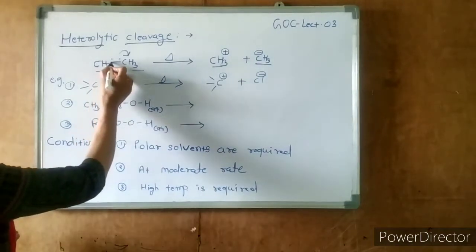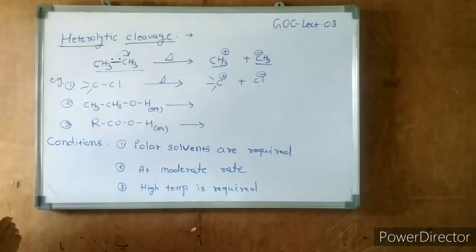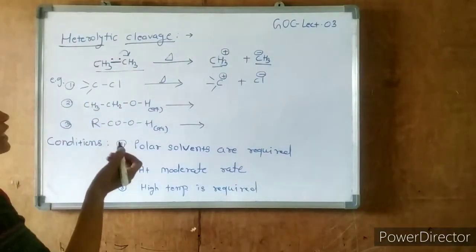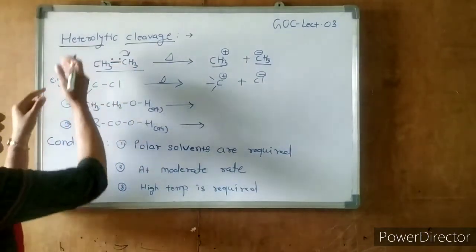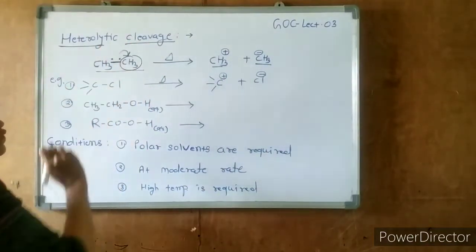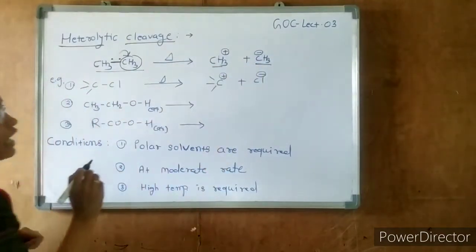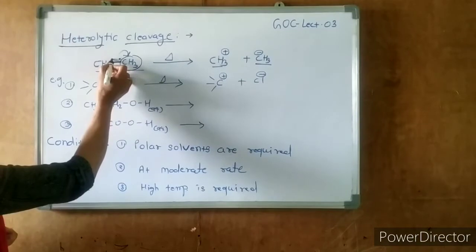Now here the bond is made up of again how many electrons? 2 electrons. Now the breaking of this bond will take place in such a way that both the bonded electrons get attracted and acquired by one CH3 group, and it will acquire the negative charge, and the other CH3 group will lose its electron.